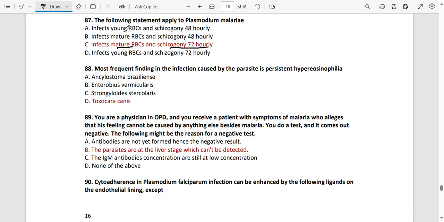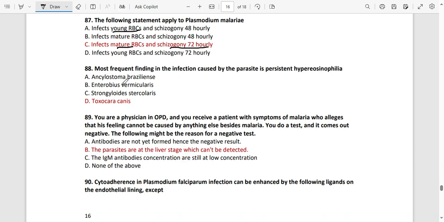Now, which one infects the young red blood cells? Anyone? Ovale and vivax. And then, how about falciparum? Which one does it infect? Thank you. It affects both the old ones and the young ones.